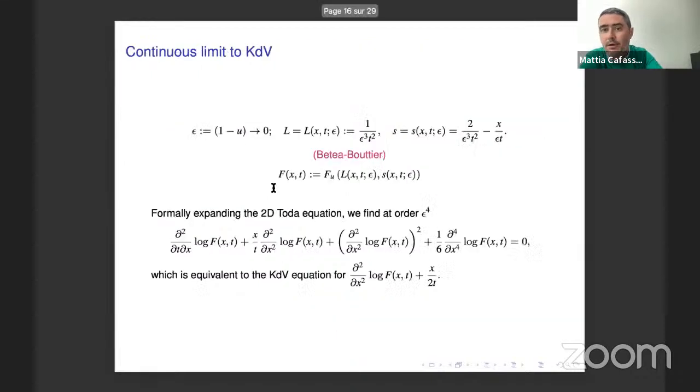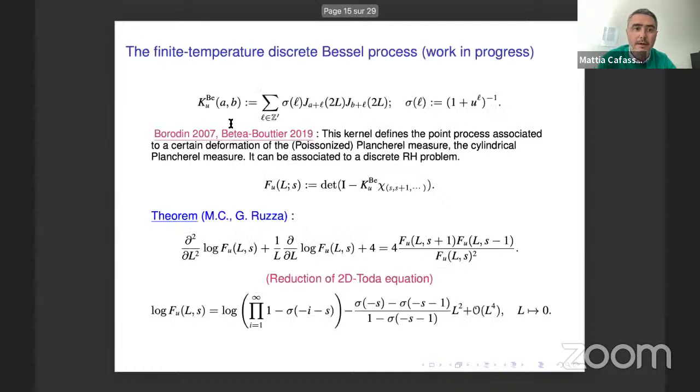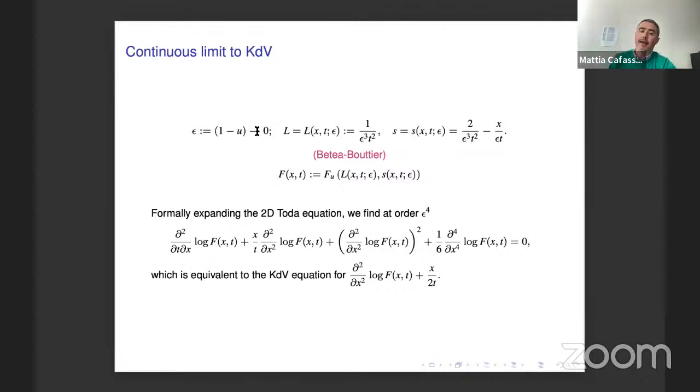Okay, so what we did was to take the same rescaling that Betea and Bouttier used, which is the following. We define epsilon as 1 minus u, the u appearing here in this function, and you send that to 0, and you send L to infinity in this fashion, and S also to infinity in this fashion, fixing these variables t and x.